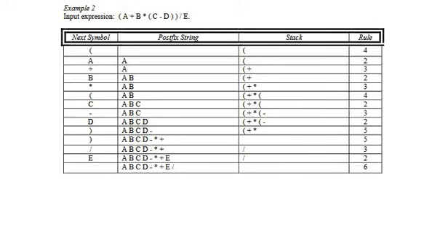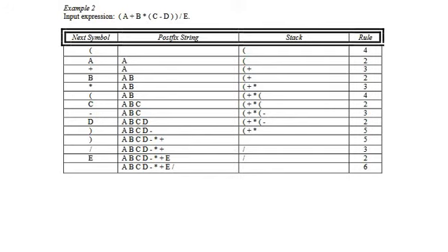We'll see another example where we have brackets, parenthesis. Look at the sub expression C minus D placed within brackets. We started scanning the input expression from the left. The left parenthesis is in the stack, A, and plus is in the stack, and B, and multiplication, and again an opening parenthesis, and C minus D, closing parenthesis.